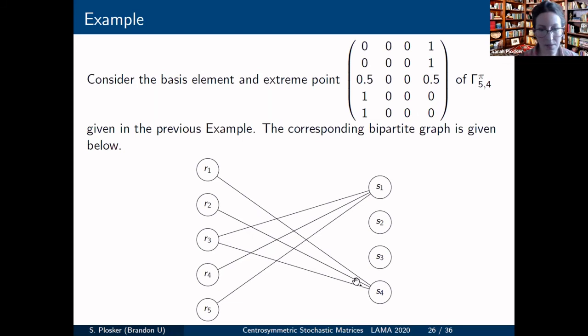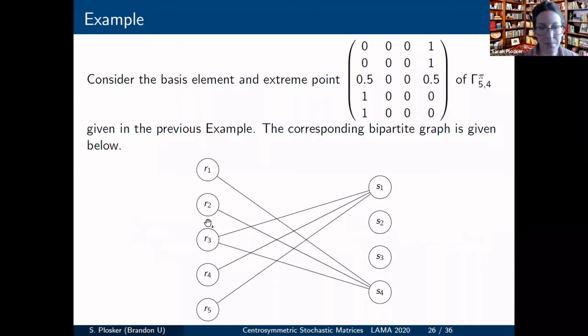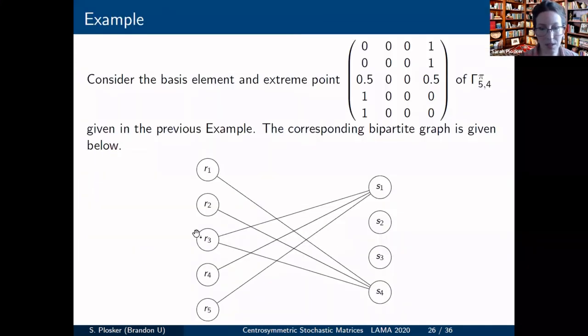So hopefully this graph, well, it should be a forest. The degrees of all the row vertices are 1, except for that middle one is 2. And there shouldn't be any path longer than 4. 1, 2, 3, 4. Yeah, we can get up to 4, but there's no path longer than 4.